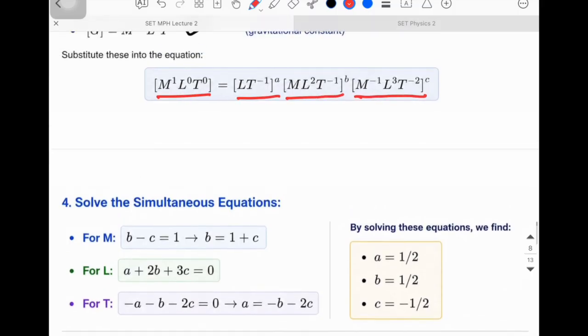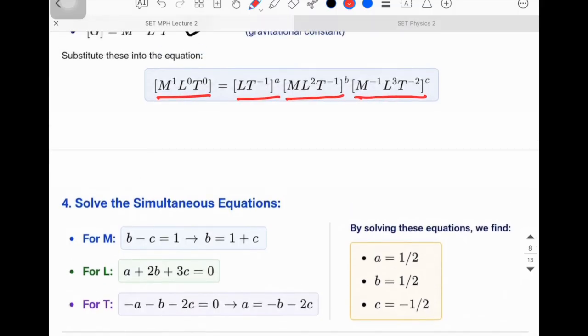Now we can write this in terms of m, l, t.